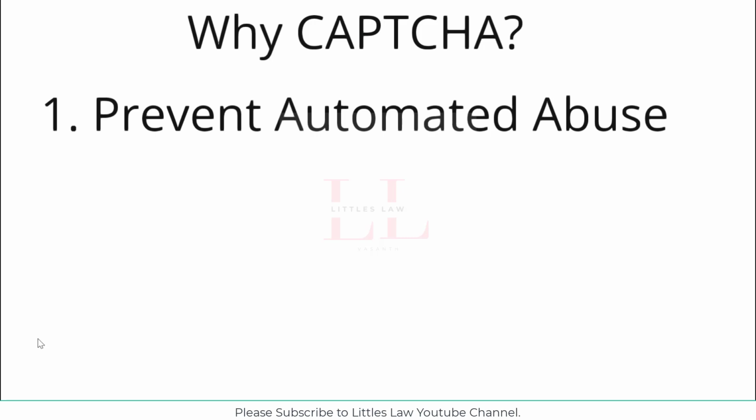So the first thing is to prevent automated abuse. When I say preventing automated abuse, it's about the bots, which usually cause harm by spamming comment sections. When you are using an application and you have a comment section, by using a bot we can continuously keep giving inputs to it, and we can even do fake registrations, right?